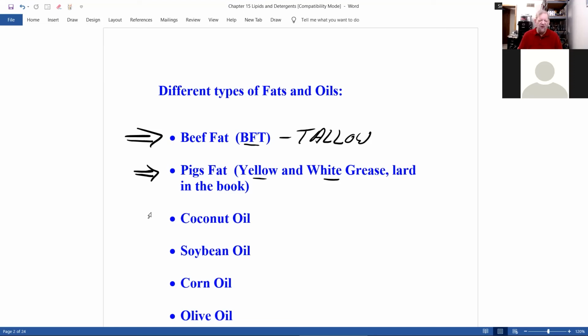Now, usually yellow grease and white grease is about 3 or 4 or 5 cents a pound cheaper than tallow. Well, if you're buying 100 million pounds or more a year, guess what? 2 or 3 cents, that's a couple $100,000. So whenever we could, we would try and get yellow grease, white grease.